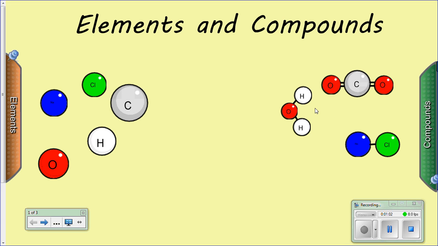They contain two or more kinds of elements. Carbon dioxide contains carbon and oxygen. Water contains hydrogen and oxygen. Salt contains sodium and chlorine.